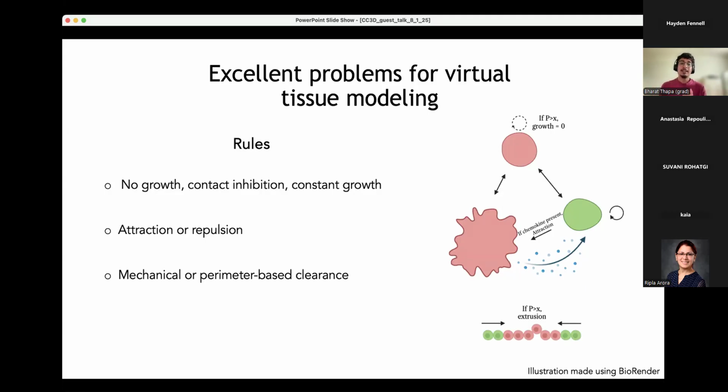For the stimuli which I talked about, where clearance happens through cancer, there are 2 patterns: the mechanical clearance or the contact-based clearance, or I'm sometimes going to call it perimeter-based clearance. That's another rule that can be employed, right? So thinking of what are the things that are being shown in your experimental conditions, which can be implemented as rules or a subset of rules in your virtual tissue model is useful.